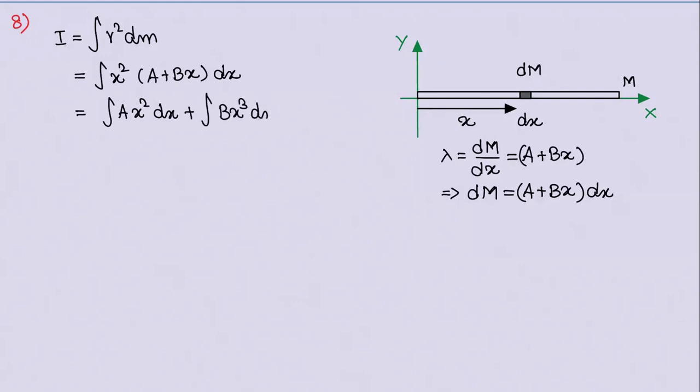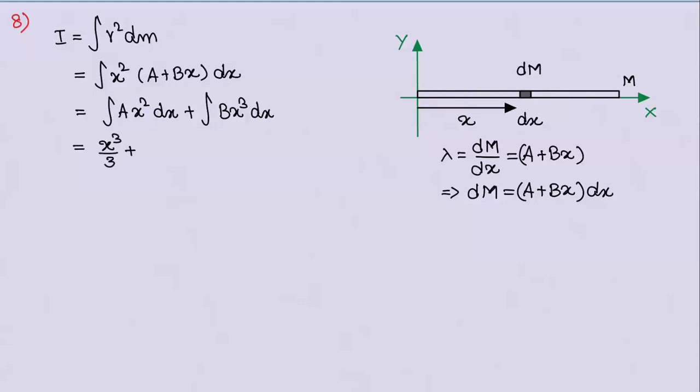If I integrate a x square, a is constant, so it will be a times x cube by 3, plus b times x power 4 by 4, right? You have to integrate these between the limits 0 to L. No need to discuss much. When you put 0, it will be 0 only.